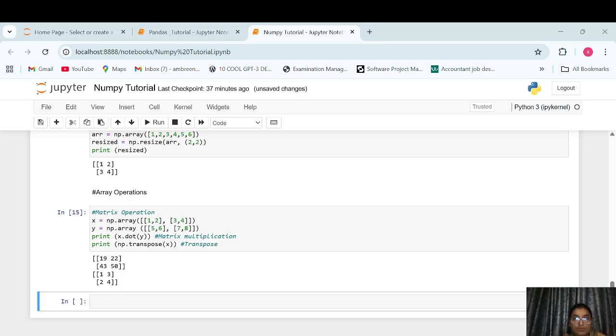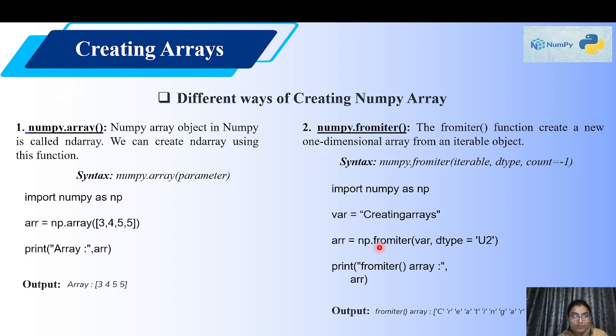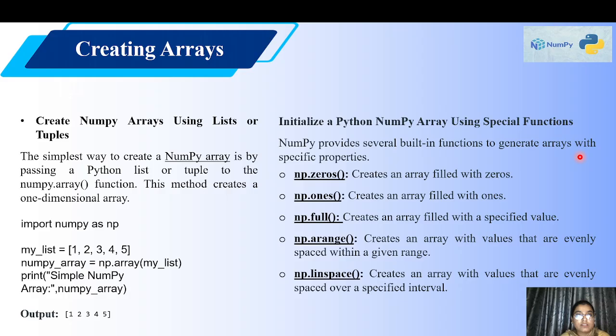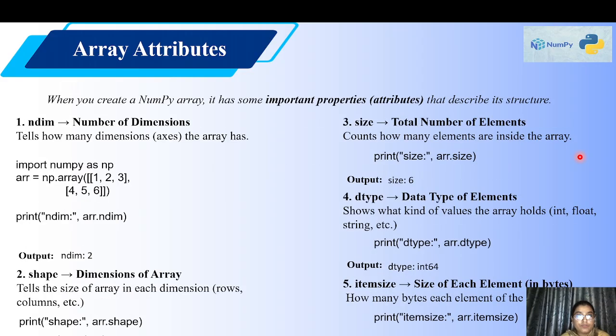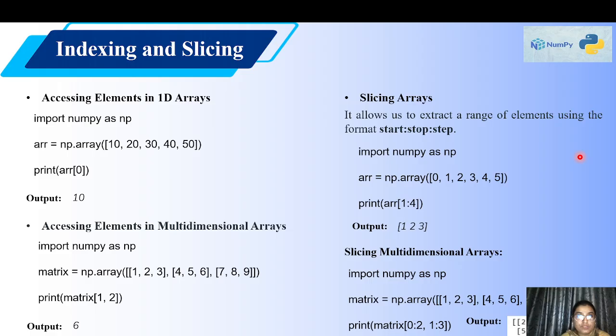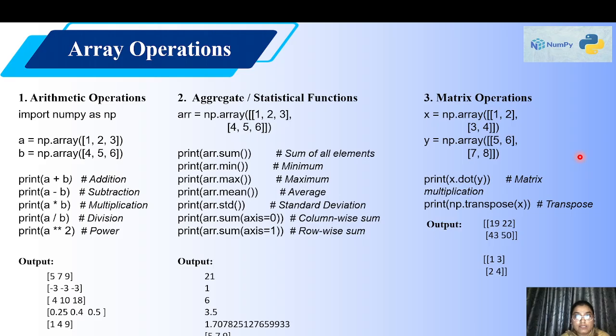So back to our PPT. Yes, we have seen all these operations, different ways of creating arrays by using different methods, and we have discussed array attributes as well. Then we have done indexing and slicing, and these are some of the basic array operations.